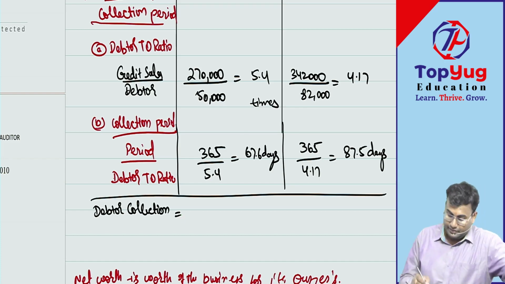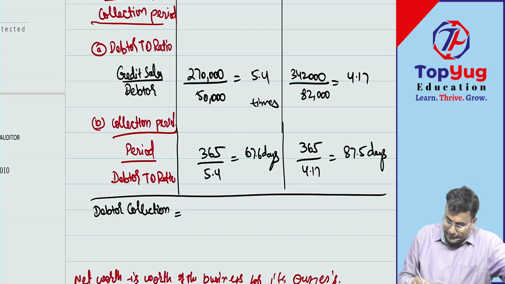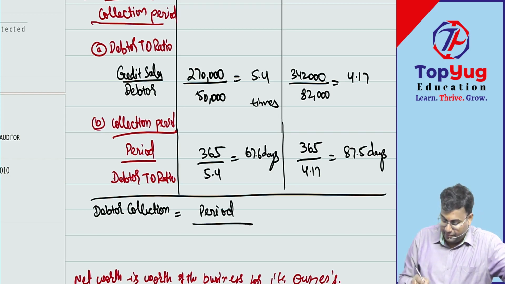I will use this formula only. Period divided by credit sales by debtors.